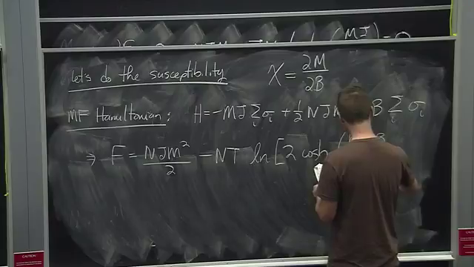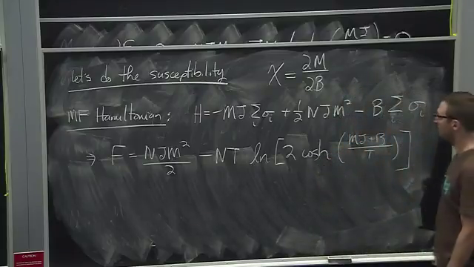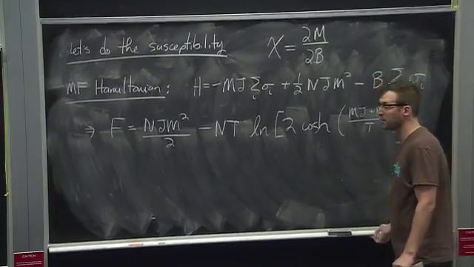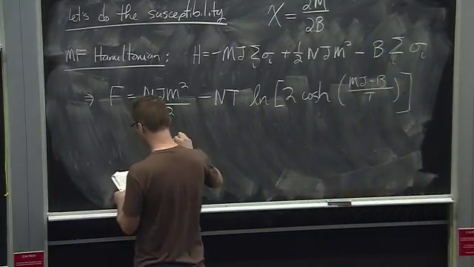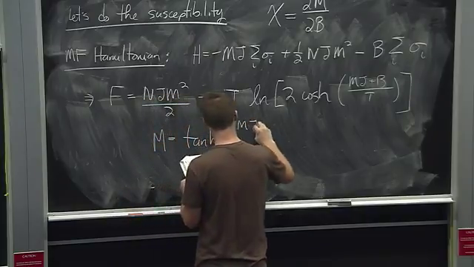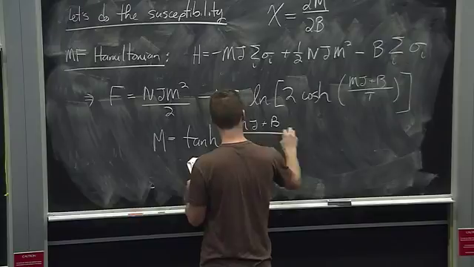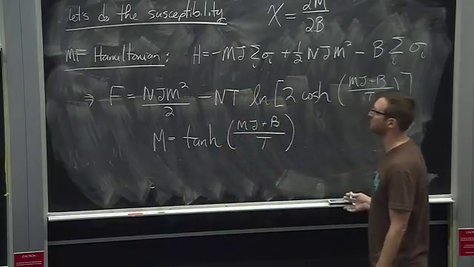That's where your B goes. And then this mean field equation for the magnetization in the presence of a field looks like this.